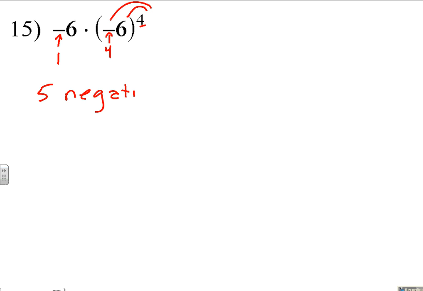5 negatives multiplied together. Well, if we have an odd number of negatives multiplied together, I know my final answer is negative. And now I am done dealing with negatives. Everything else, they're done. I've taken care of them, the 5 negatives together. So now I'm really just looking at this kind of like this.